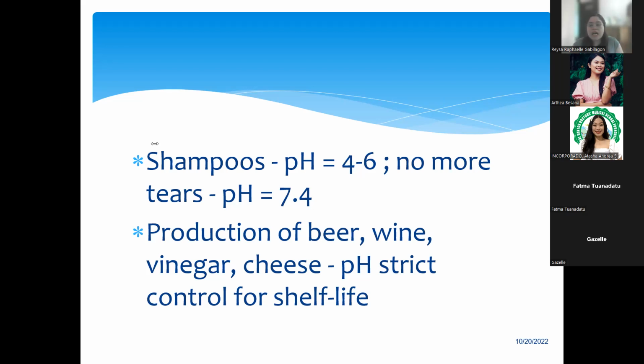Okay. Why pH instead of pOH? Most of our materials are able to measure hydrogen ion concentration. Our electrodes, our pH testers, are more sensitive to hydrogen ions compared to hydroxide ions.